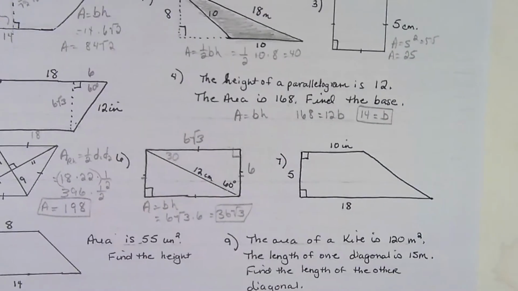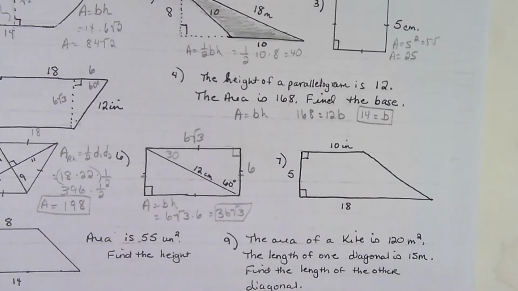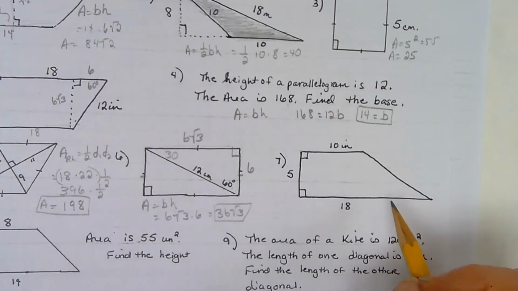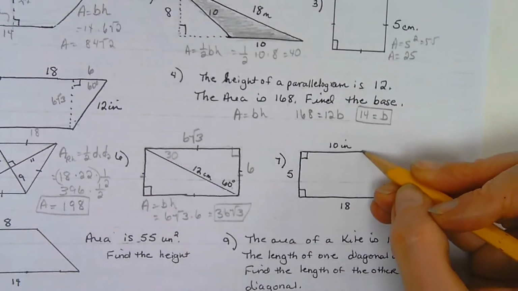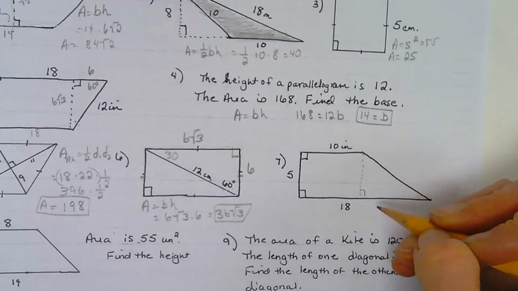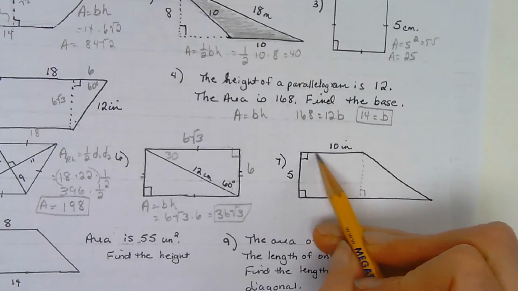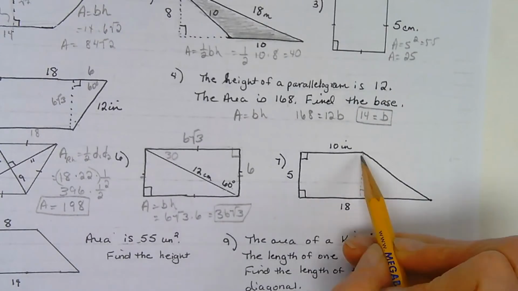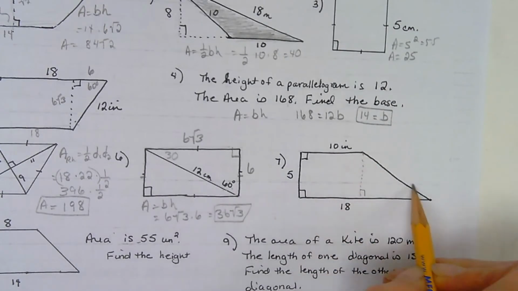Number 7. Here's a composite figure. We have to decide where to divide this figure so that we can find the areas of figures that we know, basic figures. And if we draw a height here, make that 90 degrees, then we can divide this piece of the figure into a rectangle, and this piece is a triangle.